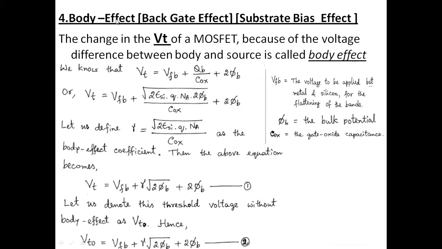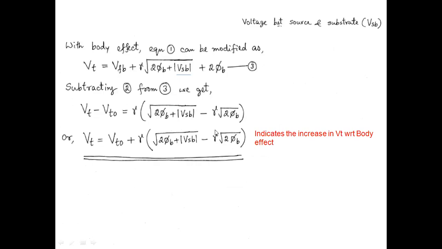This body effect causes a change in the threshold voltage of the MOSFET, because of the difference in voltage between the substrate or the body and the source terminal. Because of the variation of voltage between the body and the source terminal, we have a variation in the threshold voltage, and that we call the body effect. If you are having a problem understanding all the equations, you can define the body effect, and the last equation is this one.